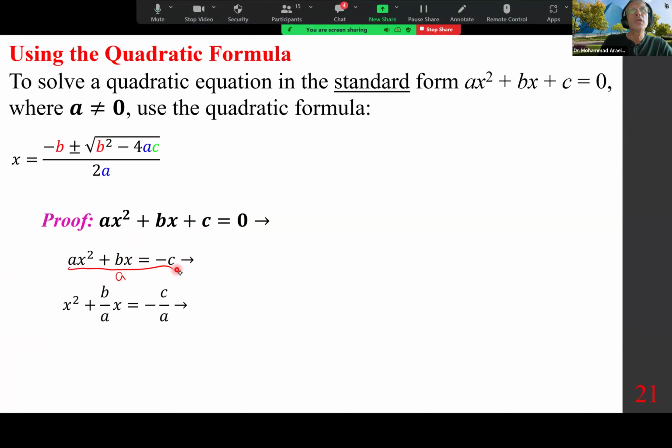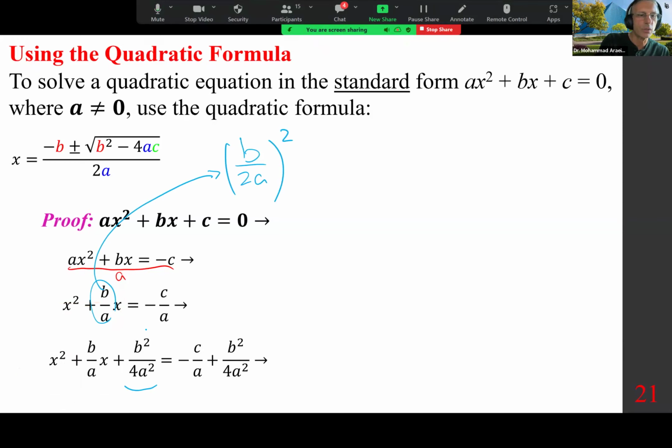Now, this is b over a, the new b we want. We want half of this, which is b over 2a, and we need to square it and add it to both sides. When we square it, we get b squared over 4a squared.